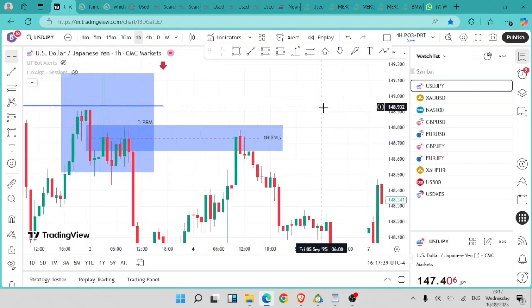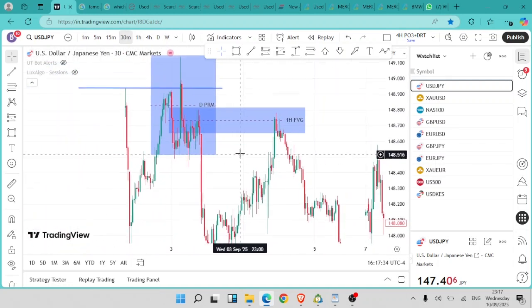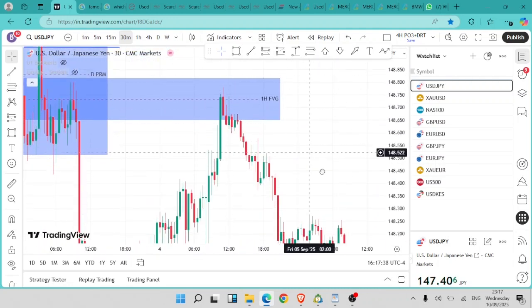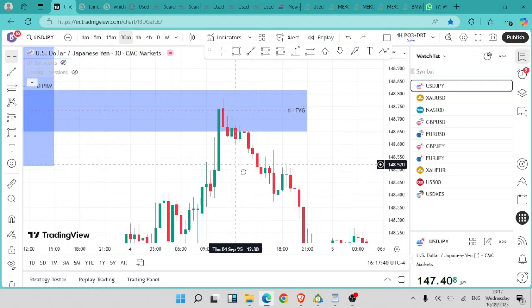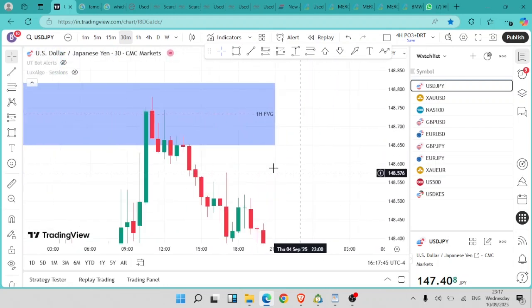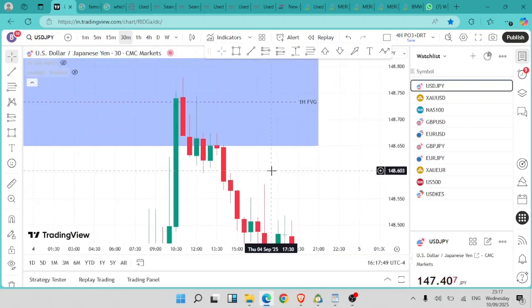Now we want to go to the lower time frame, the 30 minutes time frame, and see how price reacted off this 1-hour fair value gap. We have these two candles closing outside of this fair value gap, and at this point it is giving us an idea of what we're supposed to do.